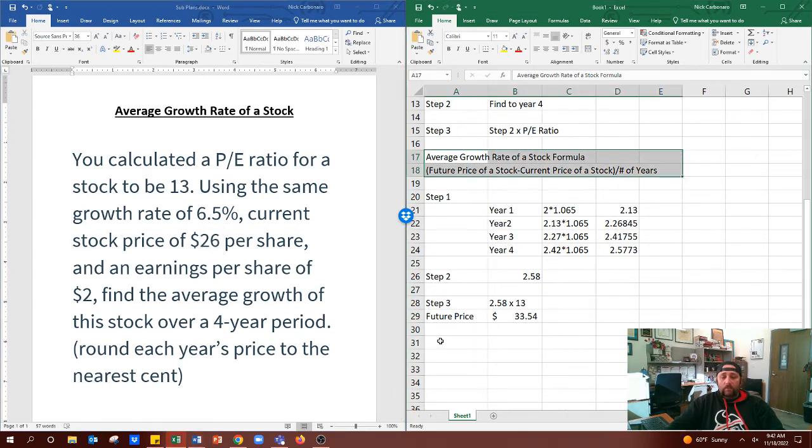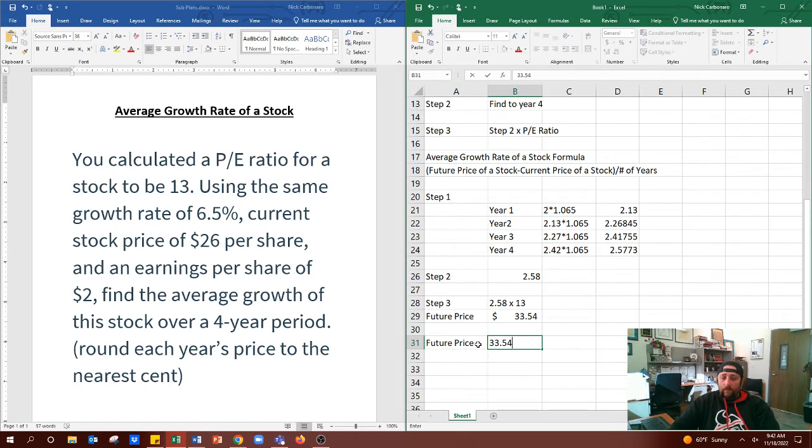So now let's just plug that in. Future price is equal to $33.54. Current price, 26. Number of years, 4. And now we can plug it in to this formula right here.